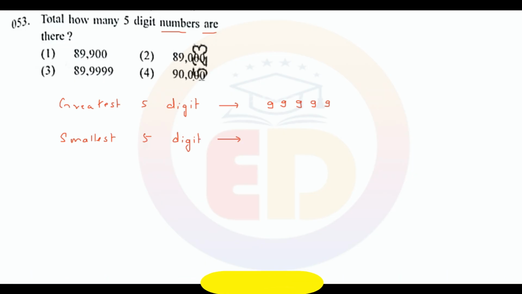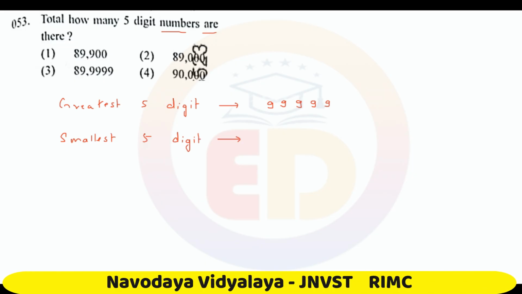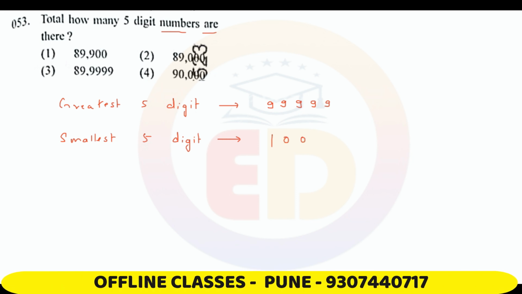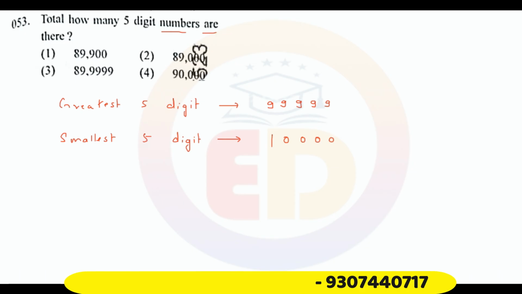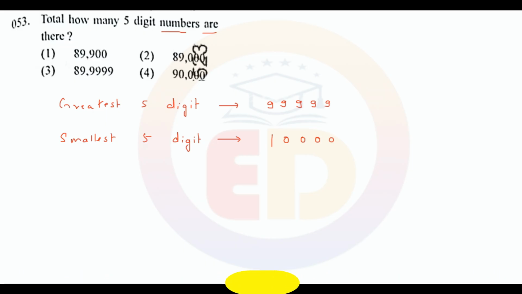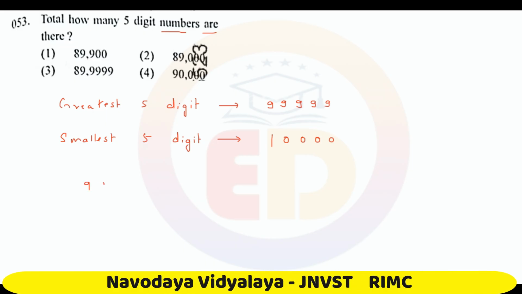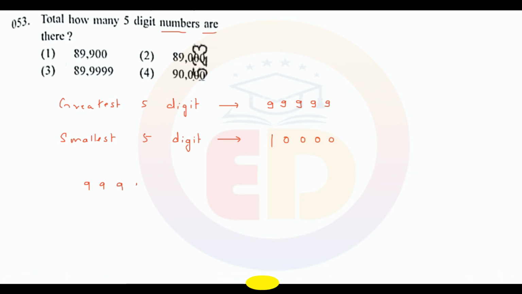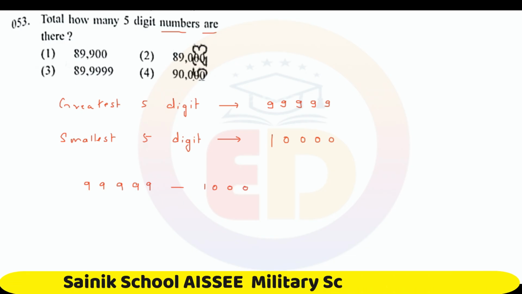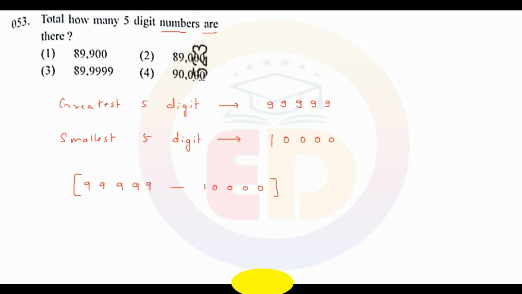the smallest 5-digit number, or smallest any digit number, will start with 1, and then you place 4 zeros. It will make it the smallest 5-digit number. Now to find out how many total 5-digit numbers are there, you subtract the greatest 5-digit number 99,999 and the smallest 5-digit number which is 10,000, and add 1.